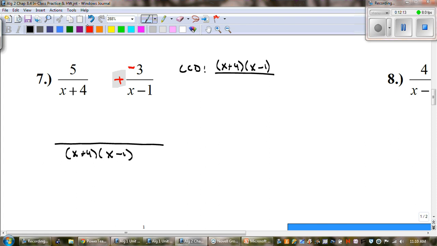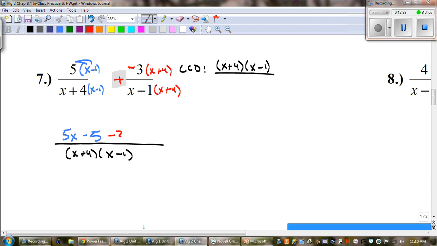Now, to get there, I need to multiply the top left by x minus 1 and the bottom. And when we do that, I'm just going to go ahead and distribute. We get 5x minus 5. Now on the right, I have to multiply by x plus 4.